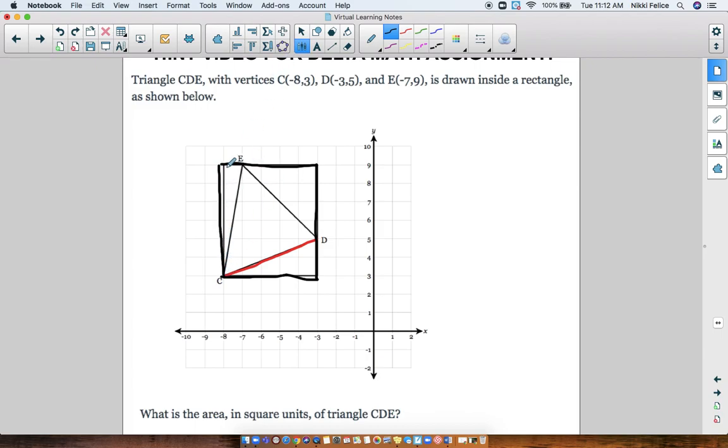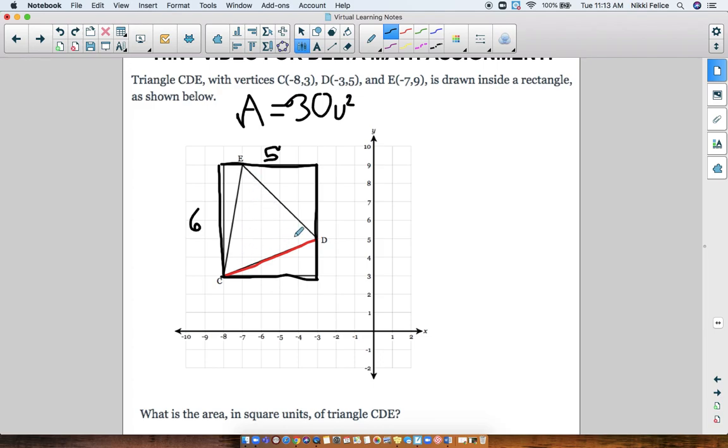The length, 1, 2, 3, 4, 5, 6, would be 6 units, and the width is 1, 2, 3, 4, 5. So my area is 6 times 5, and that equals 30 units squared.